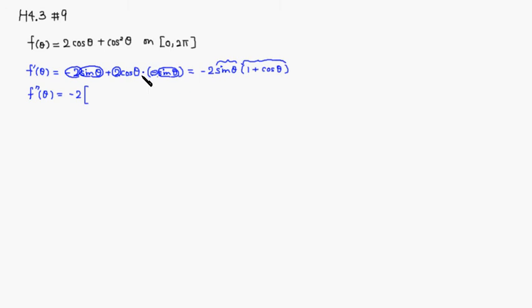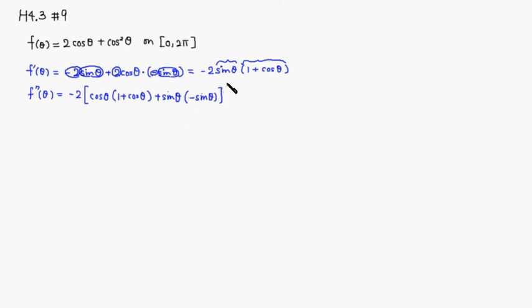So derivative of the first is cosine of theta, then second, it's going to be 1 plus cosine of theta, plus first guy, so it's just sine of theta, and derivative of the second is going to be negative sine of theta.